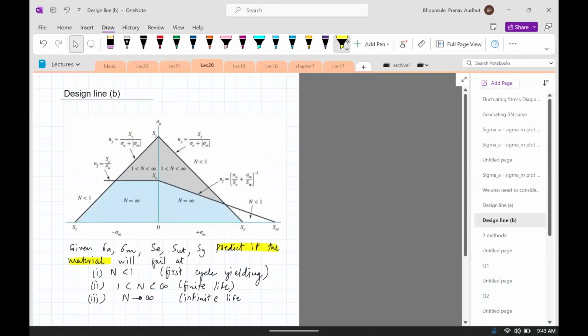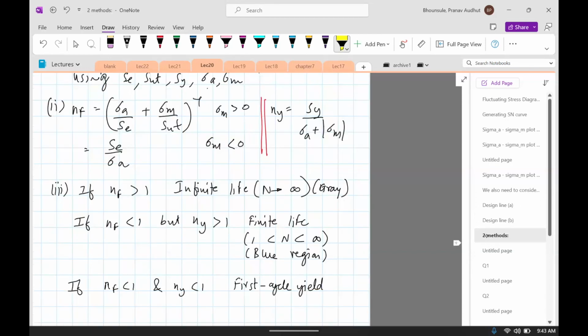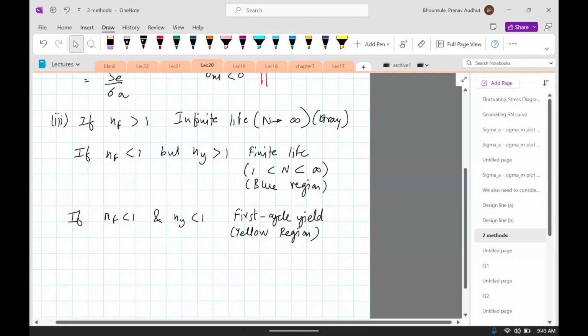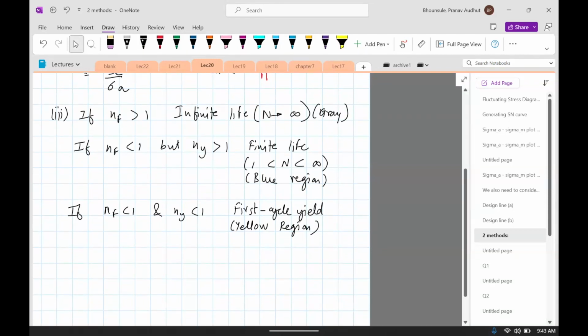So first cycle yield would be all this region, all the way there. We'll call it the yellow region. So this is how you can do it without using the graphical plots.